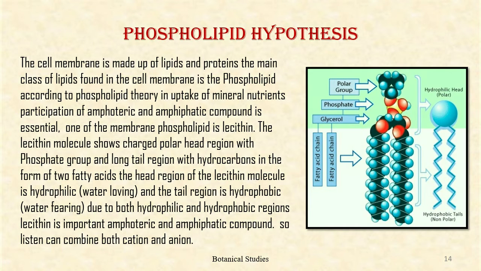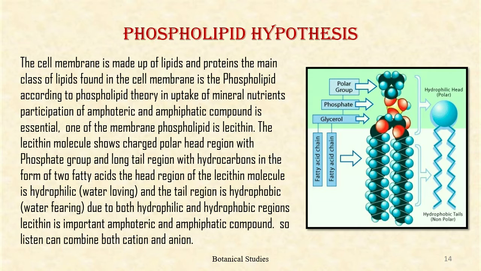Phospholipid hypothesis. The cell membrane is made up of lipids and proteins. The main class of lipid found in the cell membrane is the phospholipid. According to phospholipid theory, in the uptake of mineral nutrients, participation of an amphoteric or amphipathic compound is essential. One of the membrane phospholipids is lecithin.